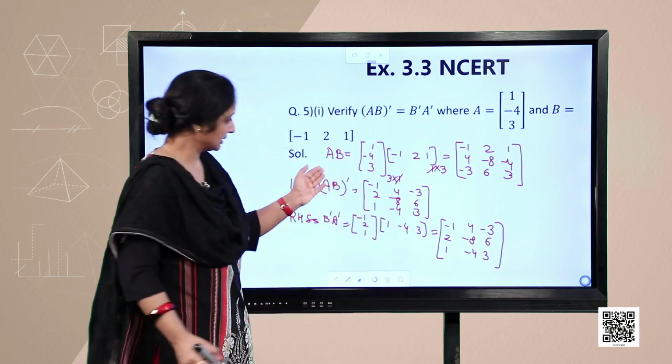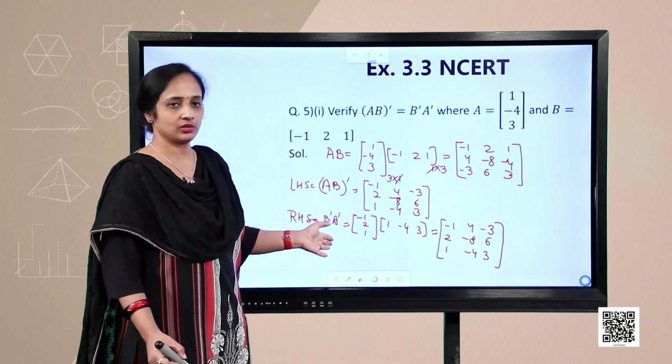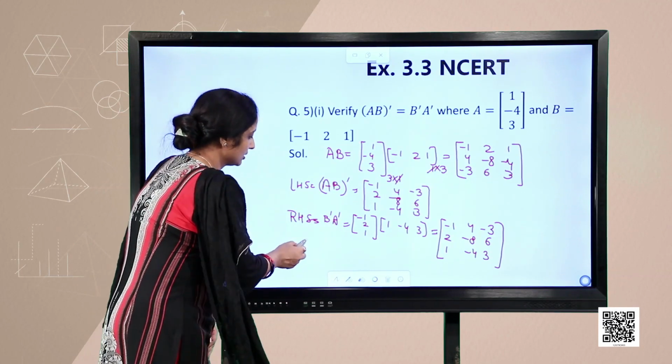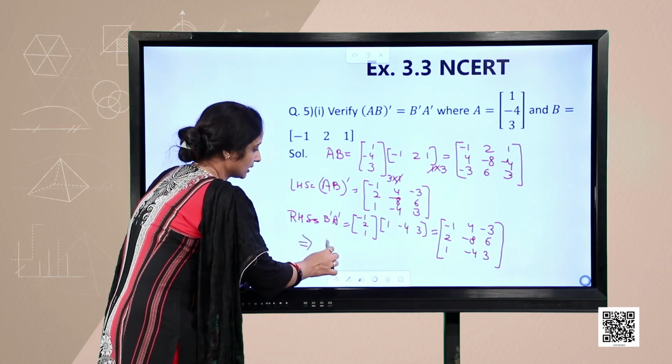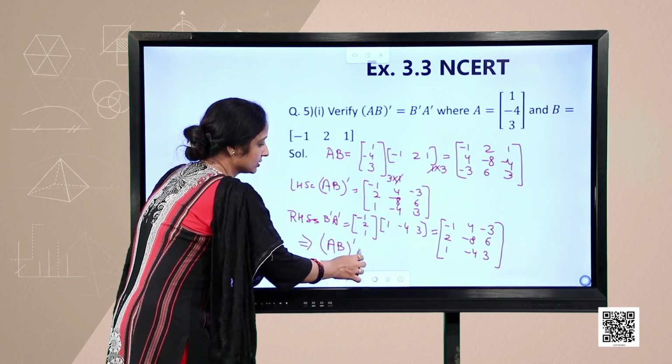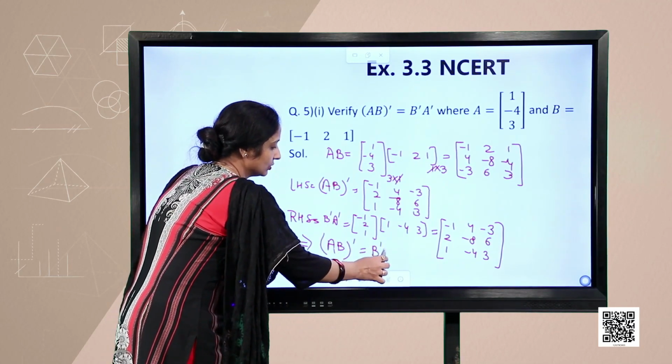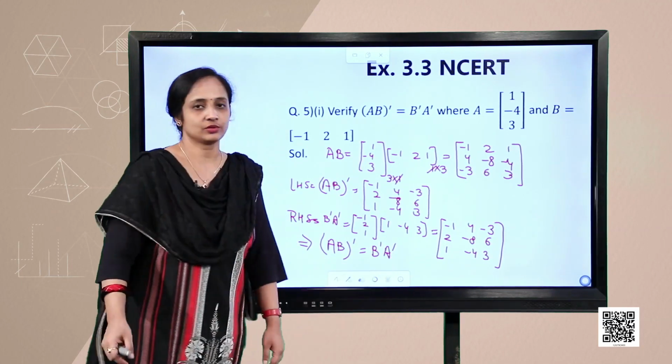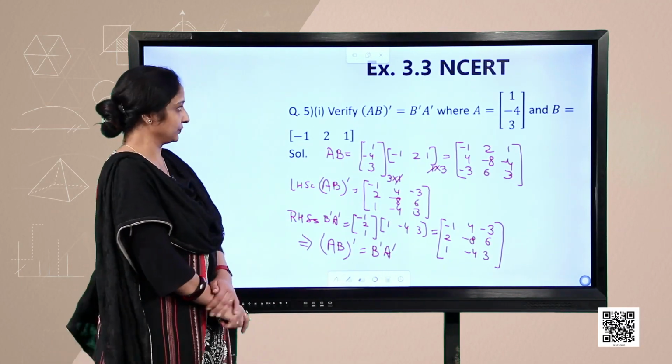You can see that AB transpose is equal to B transpose A transpose. So, you can conclude at the end that AB whole transpose is equal to B transpose A transpose, fine.